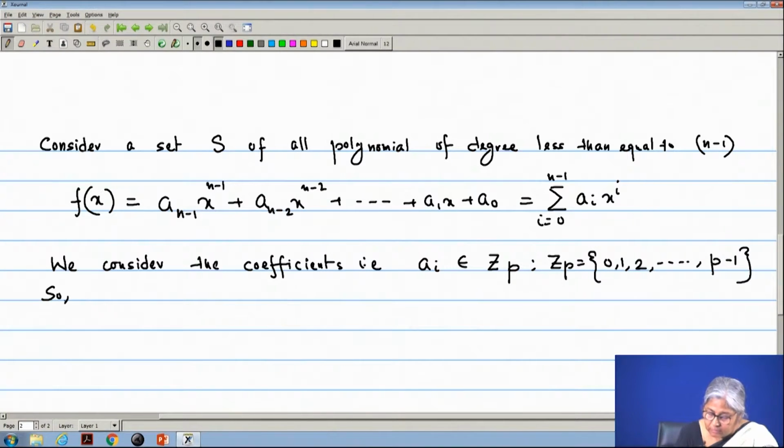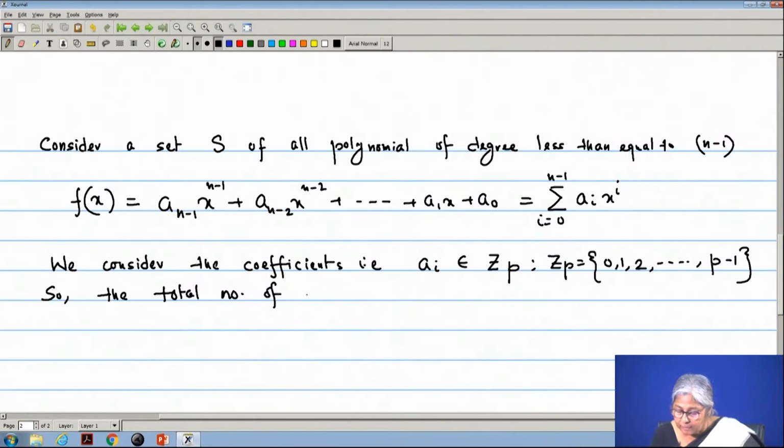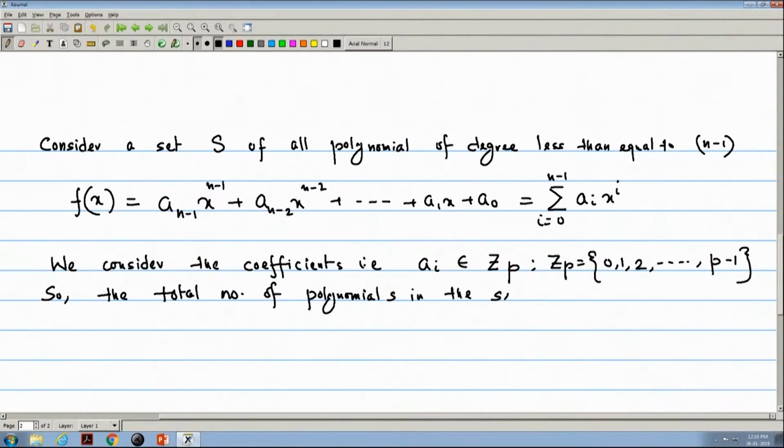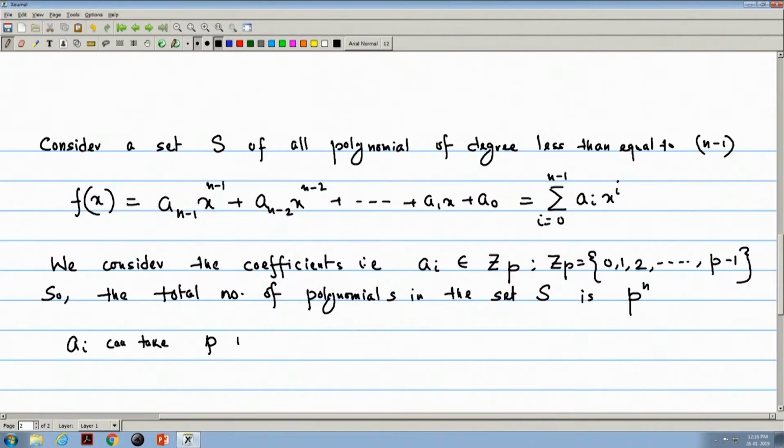So, the total number of polynomials in the set is p to the power n, since each a_i can take p number of values, that is 0, 1, 2 to p minus 1, because a_i belongs to Z_p and Z_p is 0 to p minus 1.